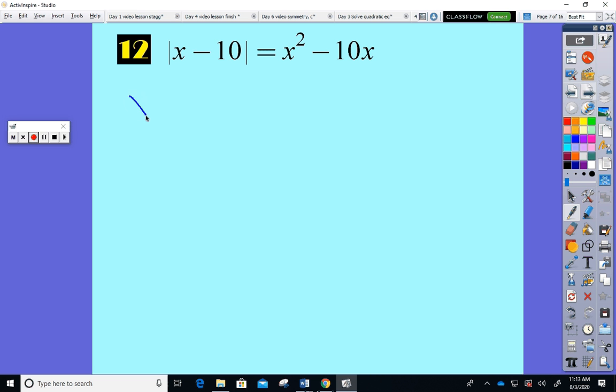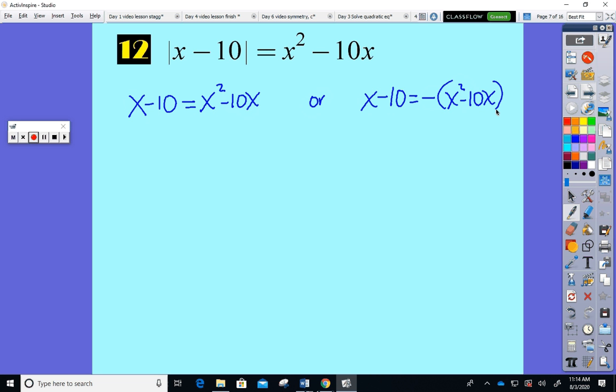So I can say that the inside portion equals x squared minus 10x, or the inside portion equals the negative of x squared minus 10x. So I'm kind of doing the same operation, I just don't have numbers on the right hand side. Does that make sense?